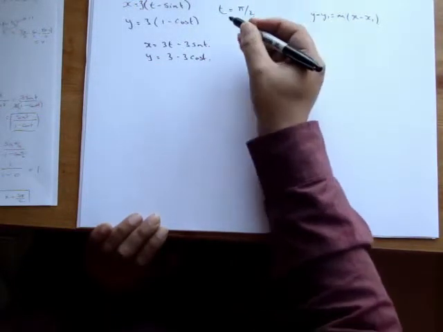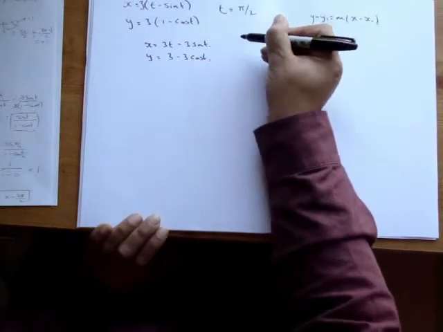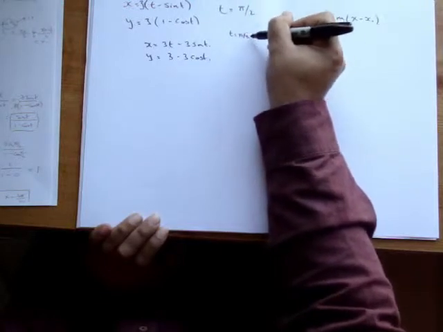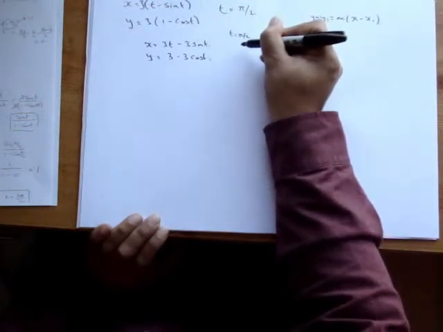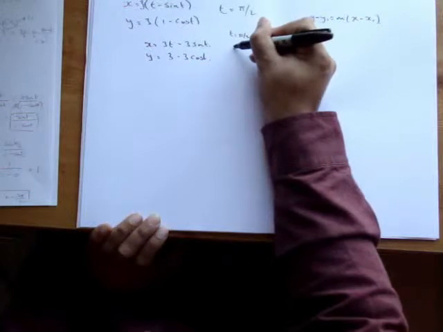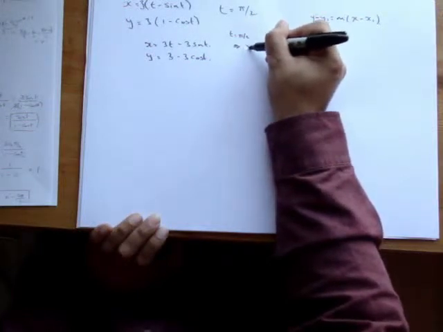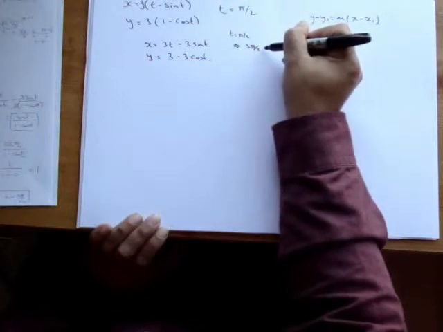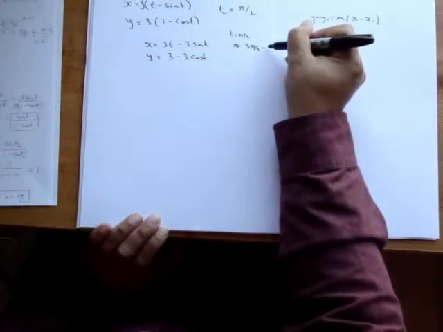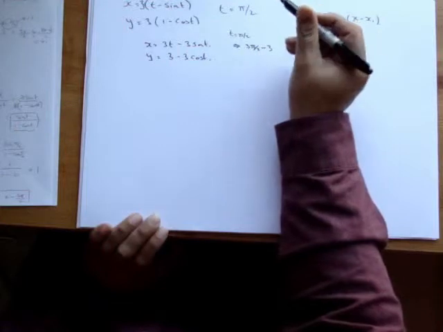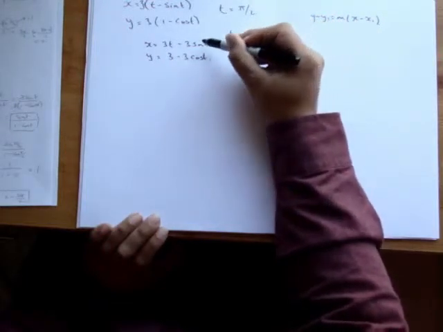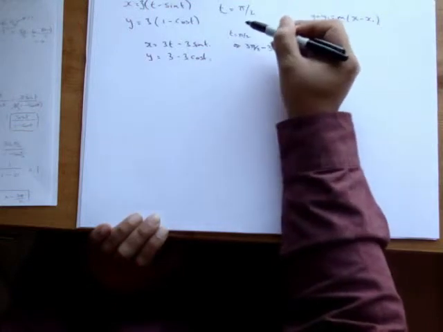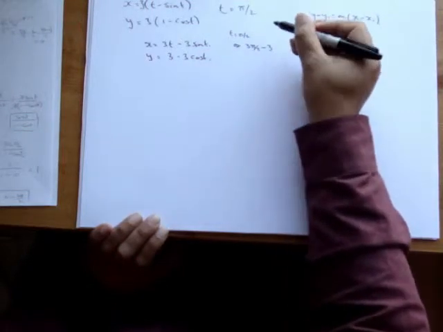So putting the value t equals pi over 2 into these equations, we get 3 pi over 2 minus 3, because sine of pi over 2 is 1.